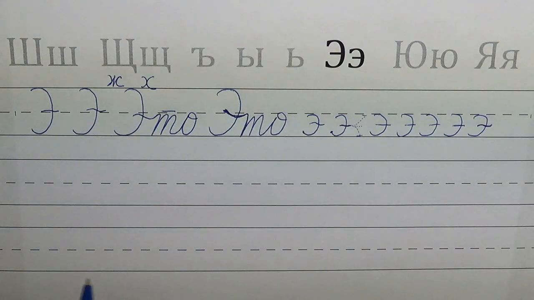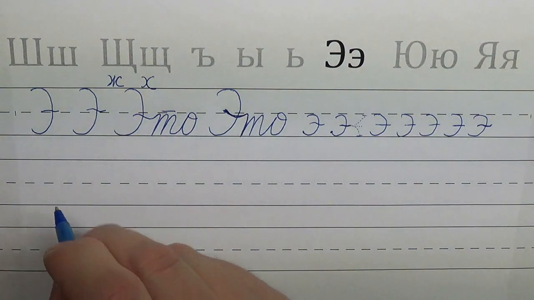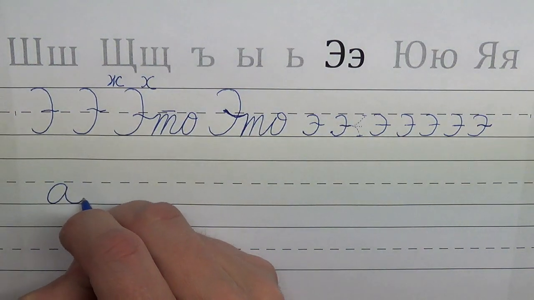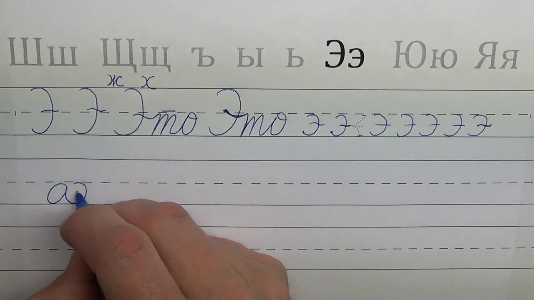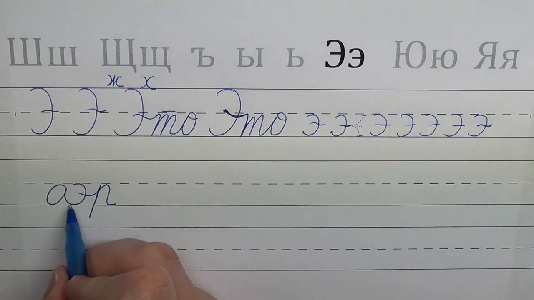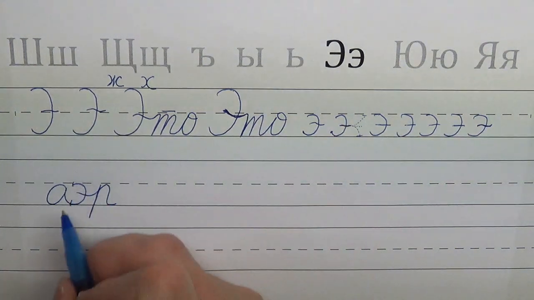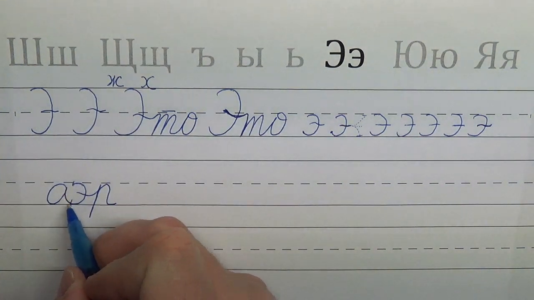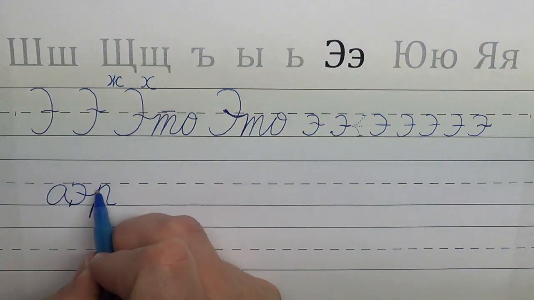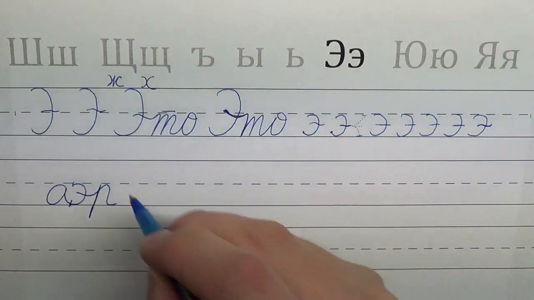So, some examples. The beginning of the word аэропорт, airport, starts with an А and then an Э. I'll show you how this looks. It's kind of an interesting process. So you see the э from here to here, my а comes down and connects. Then I use the cross as my connector into the next letter.